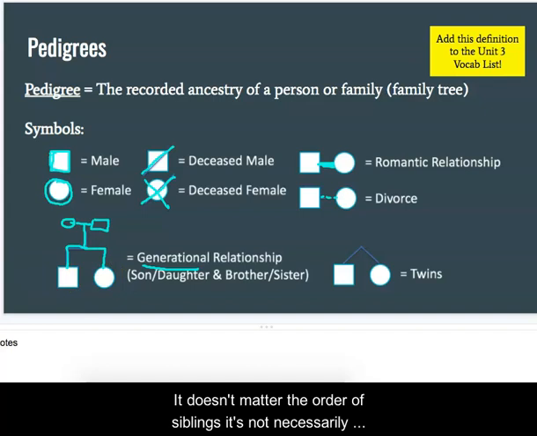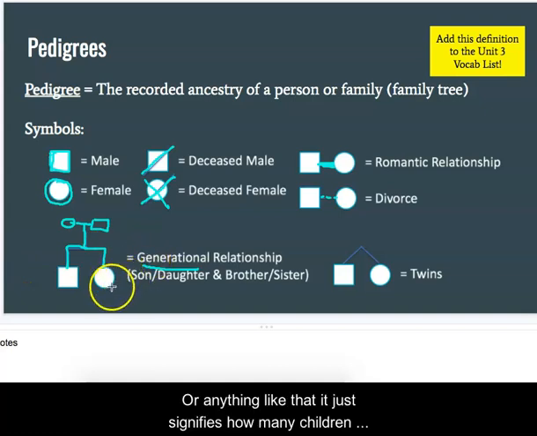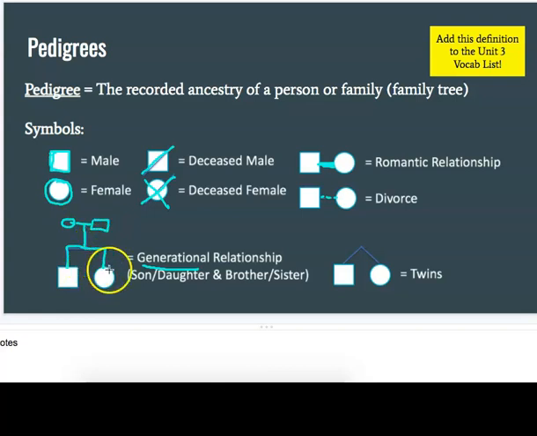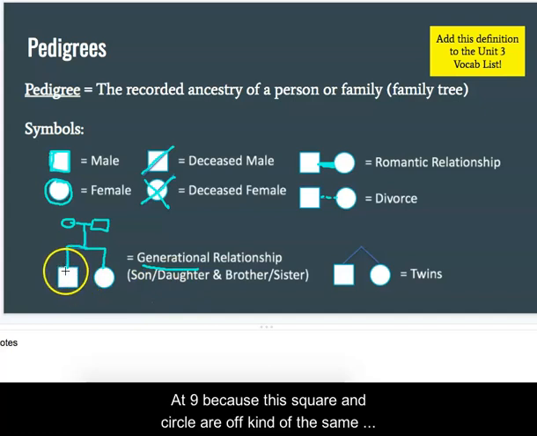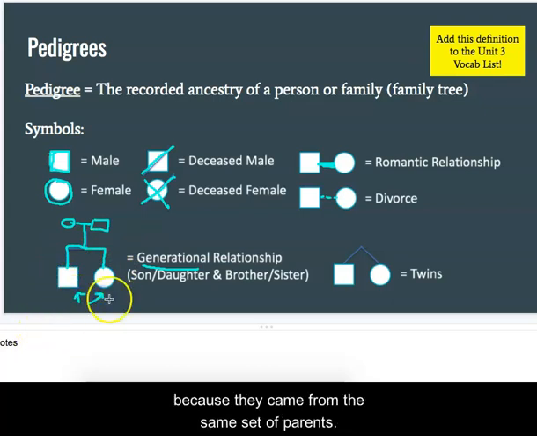It doesn't matter the order of siblings. It's not necessarily oldest on the left. It just signifies how many children. So my hypothetical couple has had 2 children, and because this square and circle are off the same branch point, I know that this boy and this girl are siblings because they came from the same set of parents.